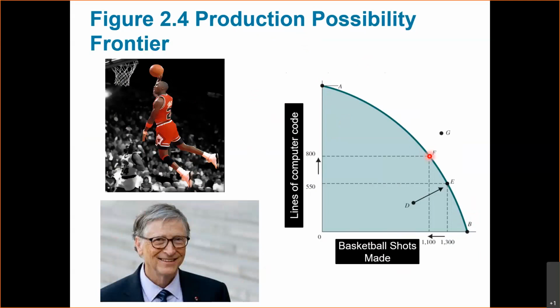What do we do? We go to the computer lab, find the jockiest of the people left in the lab, and send them down. Why? Because we're giving up the least amount of code and getting the most shots possible for the least code given.